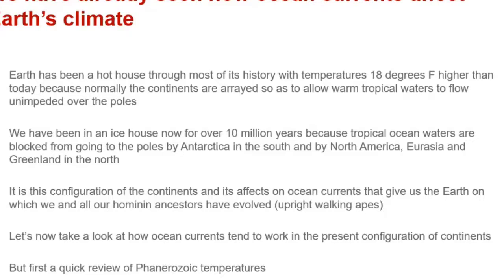And the reason for the changes along that line are ocean currents. Normally speaking, you have currents that carry warm equatorial water up over the poles, unimpeded. They can't cool at the poles because of warm equatorial water passing by there.